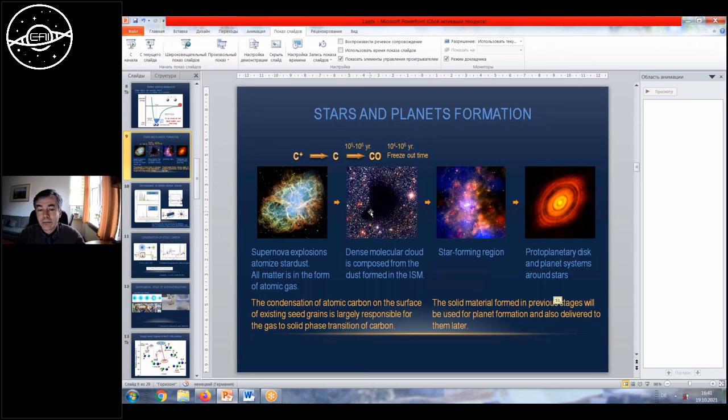In this sense, it should be relevant to the processes occurring in the ISM. Just to answer a bit more, these dark molecular clouds are composed of dust particles. What is blocking all the visible light is dust particles. There are many dust particles present there, and the processes occurring on their surfaces are very important for the chemistry of the ISM.